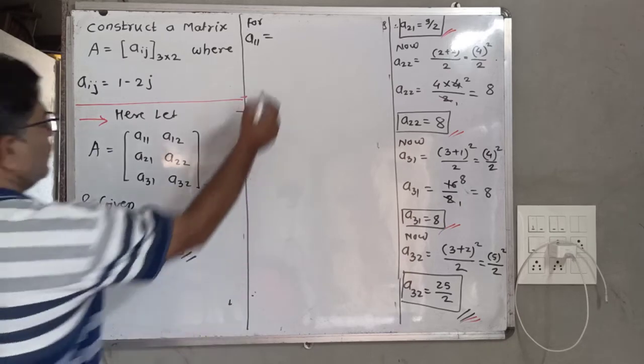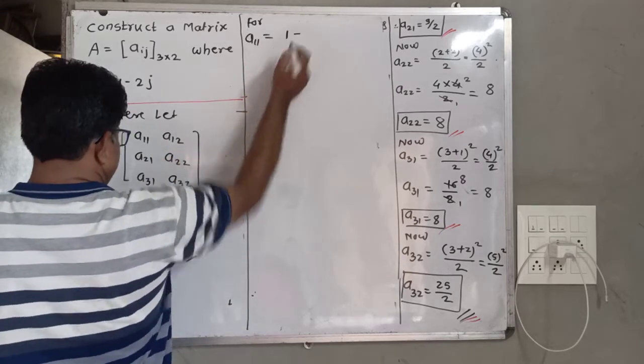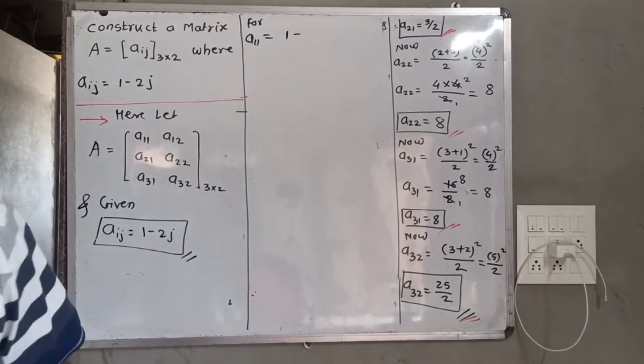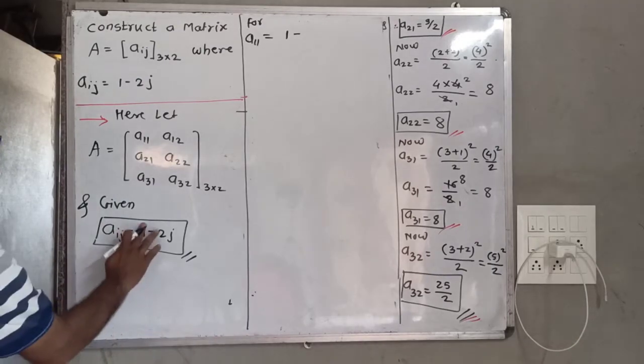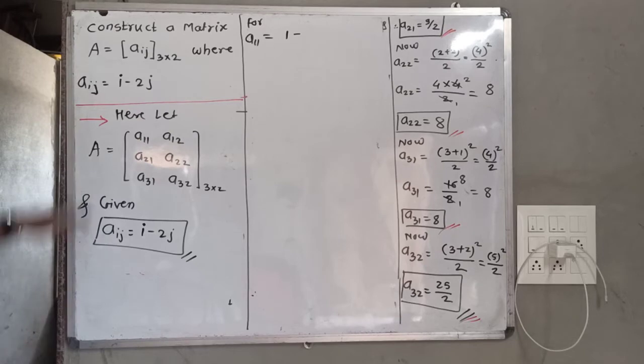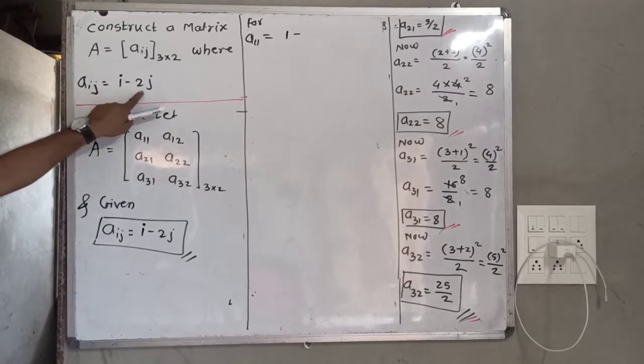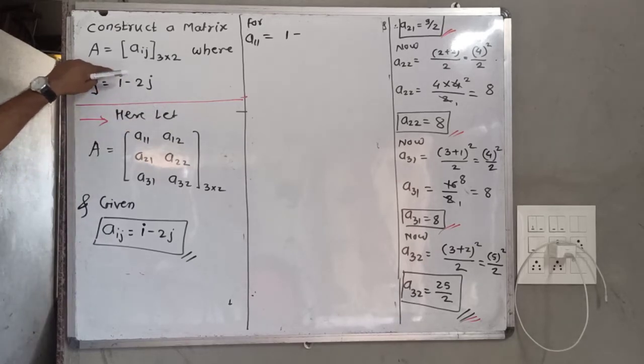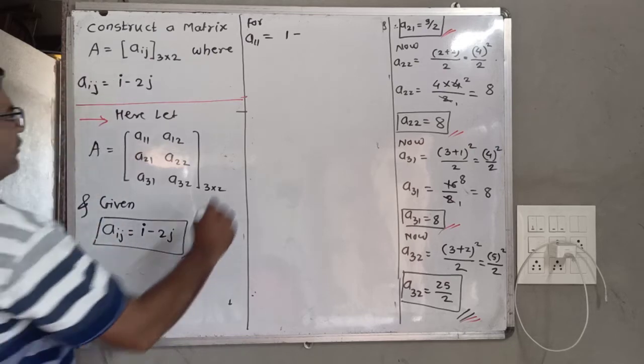A11 equal to, sorry, here I is present. I minus 2j. Sorry, this is Aij equal to I minus 2j; I forgot to put the multiplication dot here. I minus 2j.